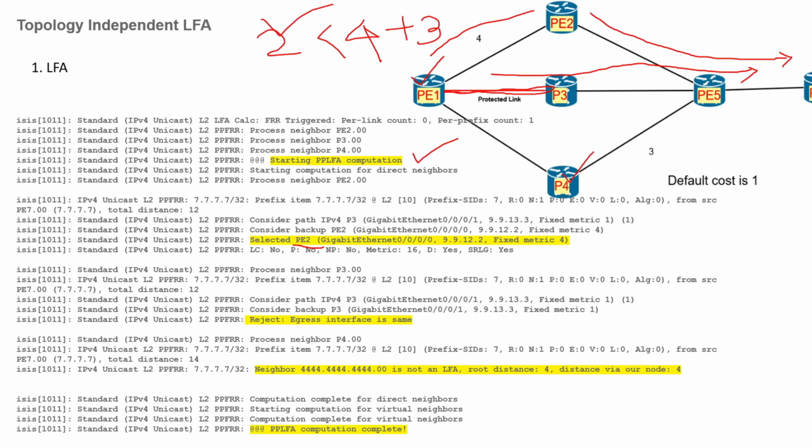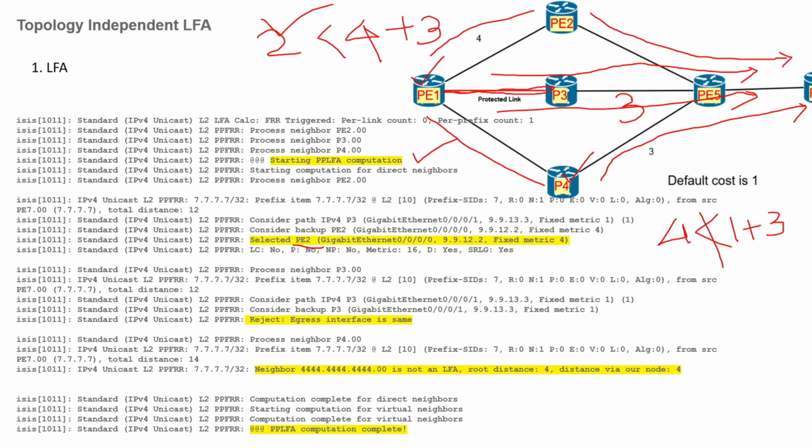So why not for P4? Let's see. Distance from next hop P4 to destination is 3 plus 1, 4, which should be less than distance from next hop to source, this is 1, plus distance from source to destination, this is 3. So this condition is not valid in the case of P4. Hence you can see the per prefix backup path is going via PE2.